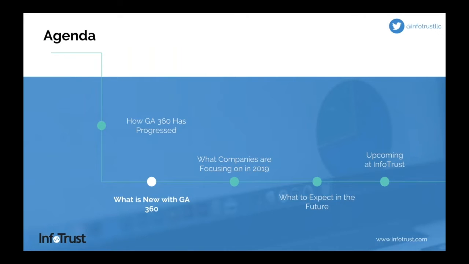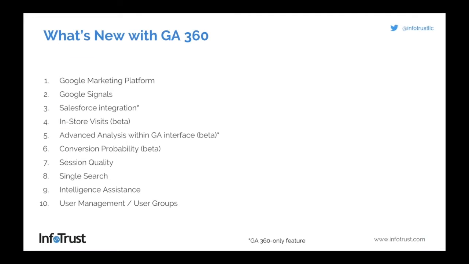All right, so when we're talking about Google Analytics 360 and the newest, latest features, the most interesting to us, we have a few things that we're going to talk about here. One is the overall Google Marketing Platform and the creation of that.